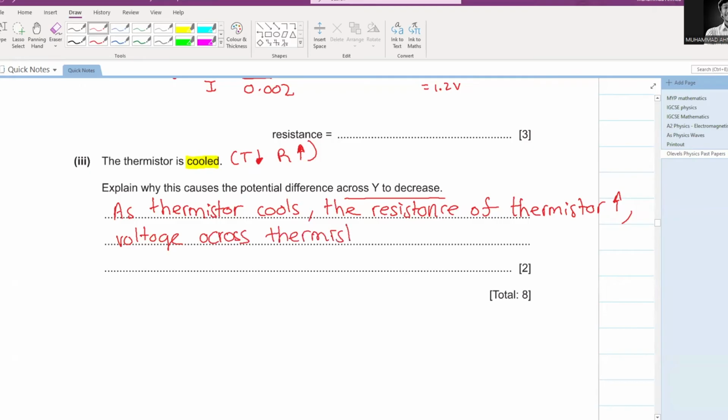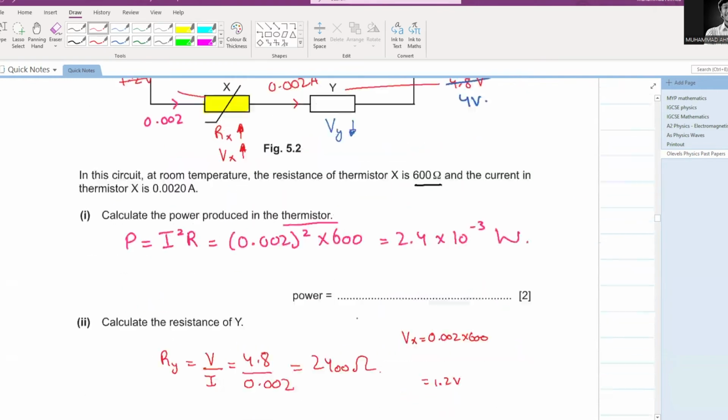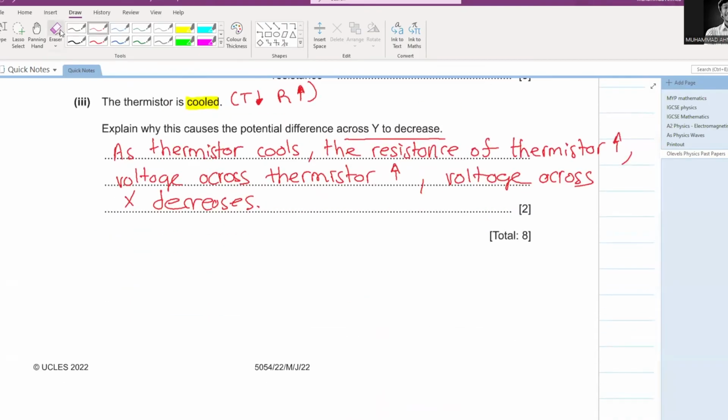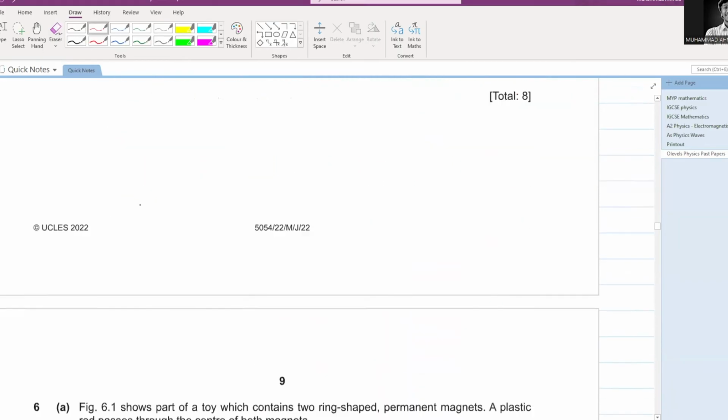As the voltage across thermistor increases, the voltage across X decreases. Is it X or Y? Let me see. Sorry, my bad. The voltage across Y will decrease. Let's move ahead.